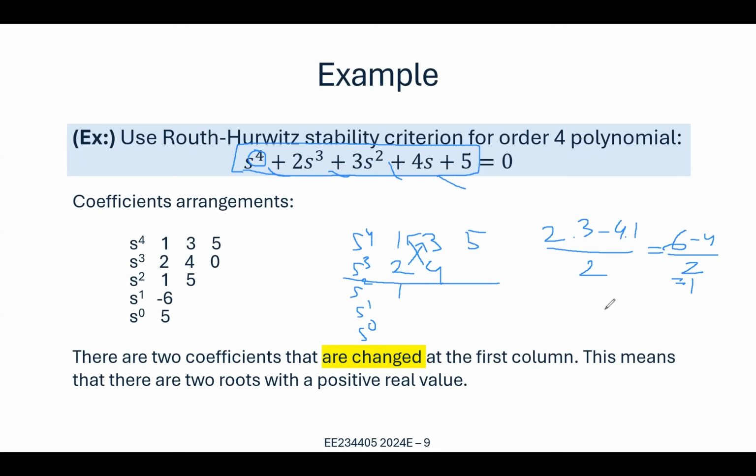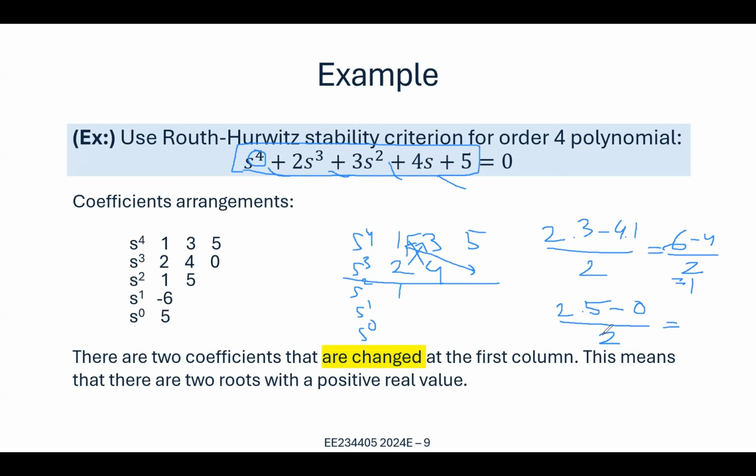We can do the same with the second column. We multiply 2 by 5, and we subtract what we have here, which is nothing, so this is 0. So we have 10 minus 0, divided by the pivot coefficient, again 2.